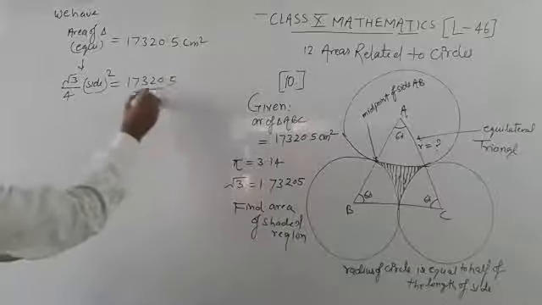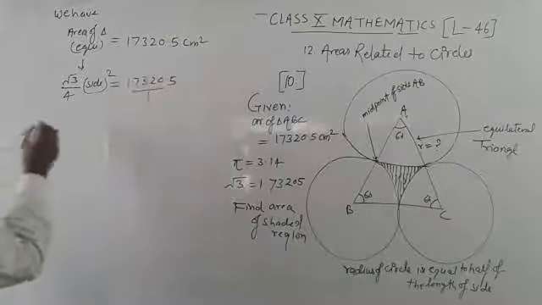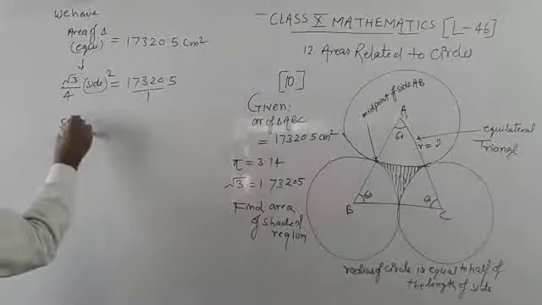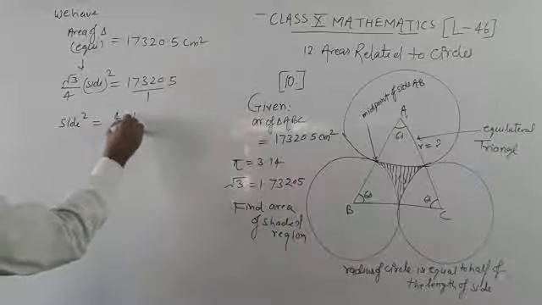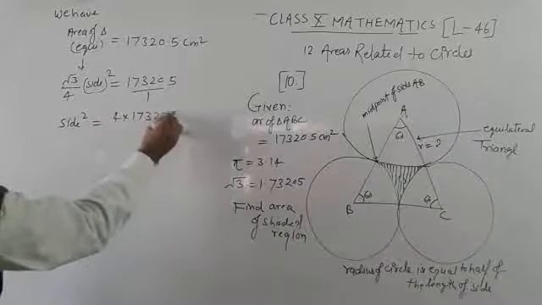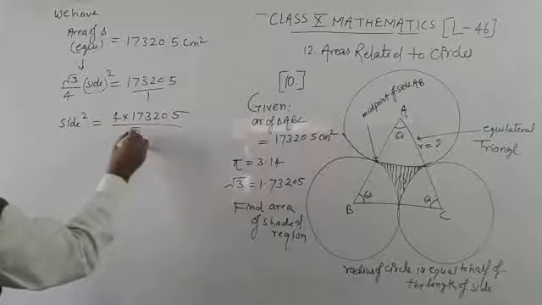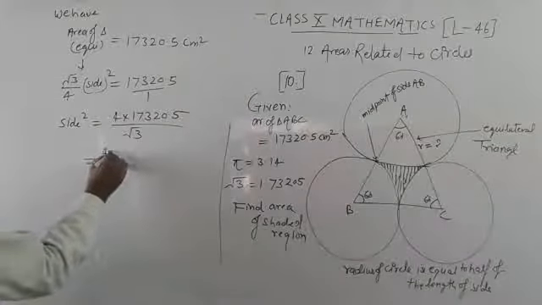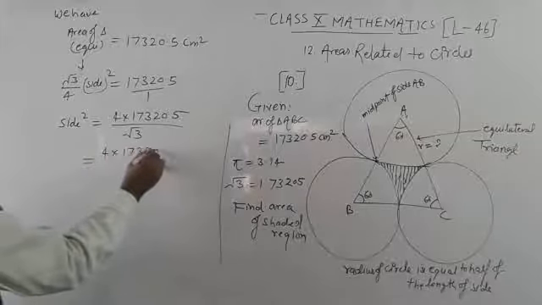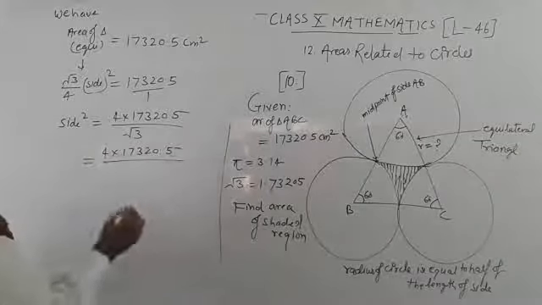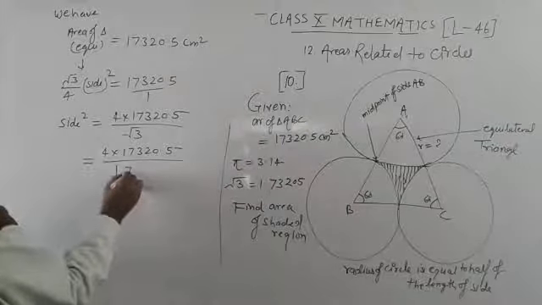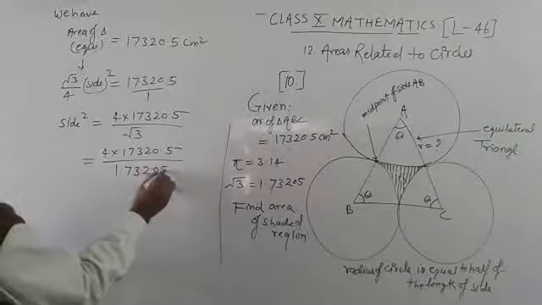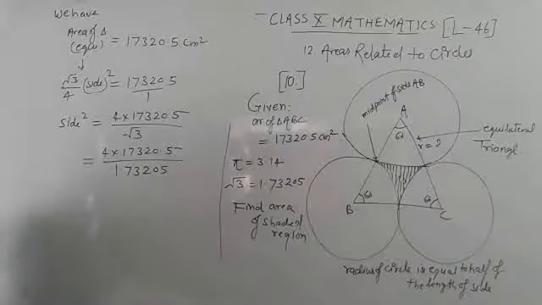Now, students, doing cross multiplication, we get side square is equal to 4 into 17320.5 upon root 3. So, now, students, 4 multiplied by 17320.5 upon, here we will put the value of root 3, 1.73205.